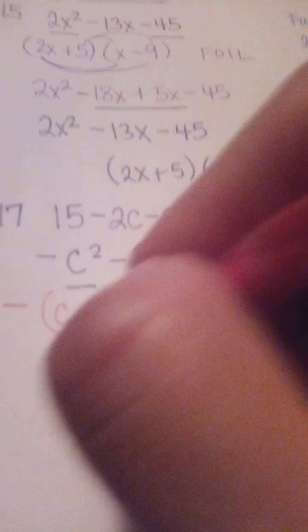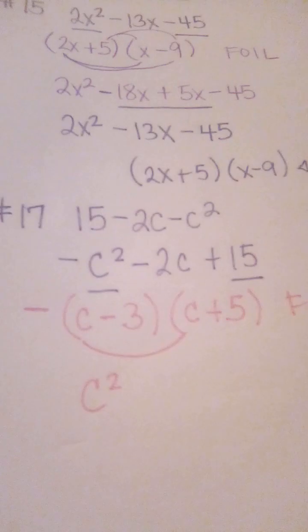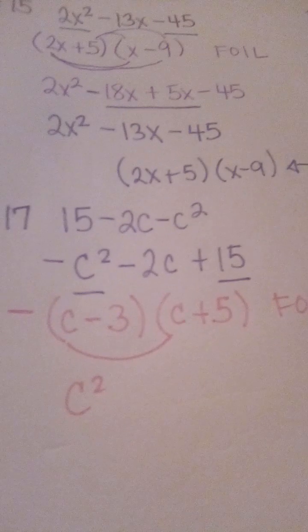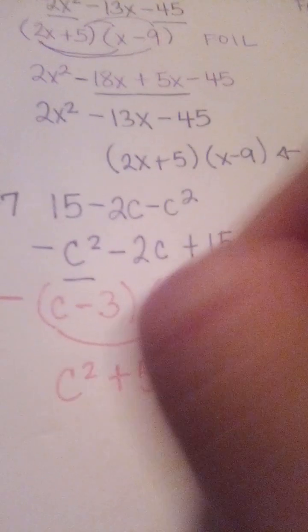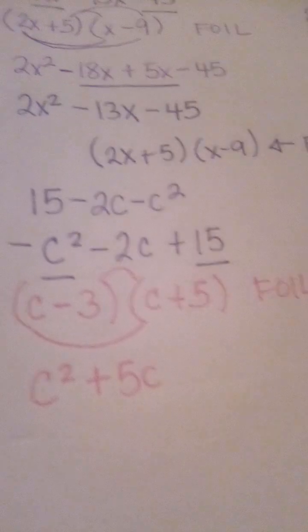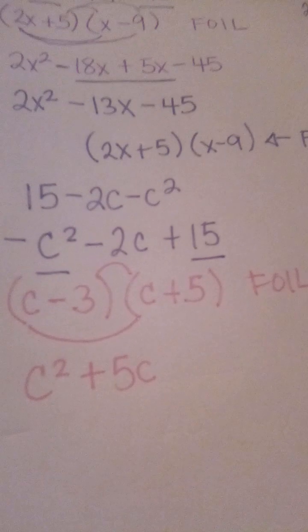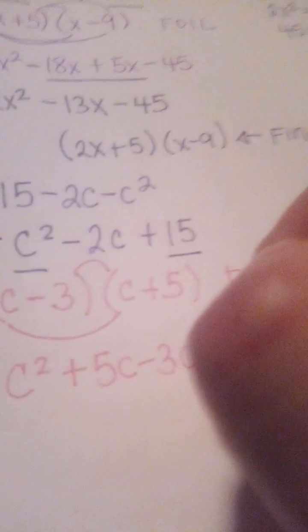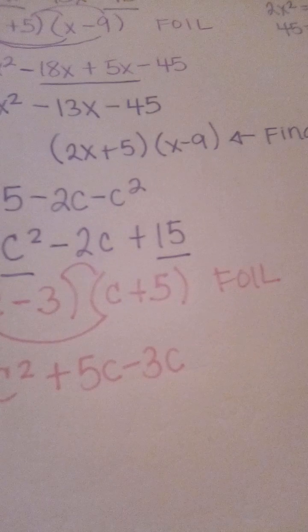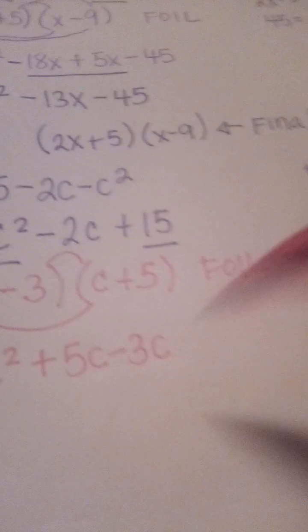C times C equals C squared. C times a positive 5 equals a positive 5C. Negative 3 times C, negative 3C. And negative 3 times a positive 5 will give us a negative 15.